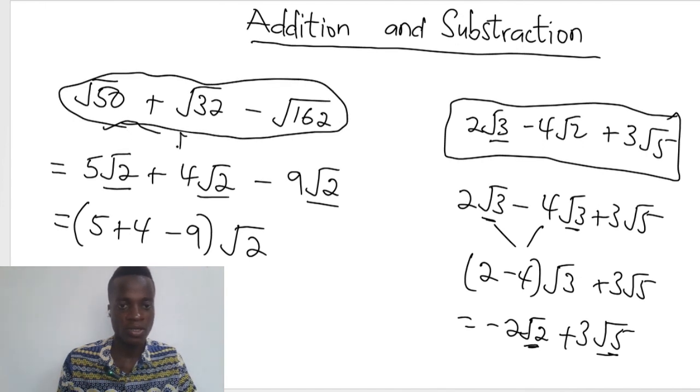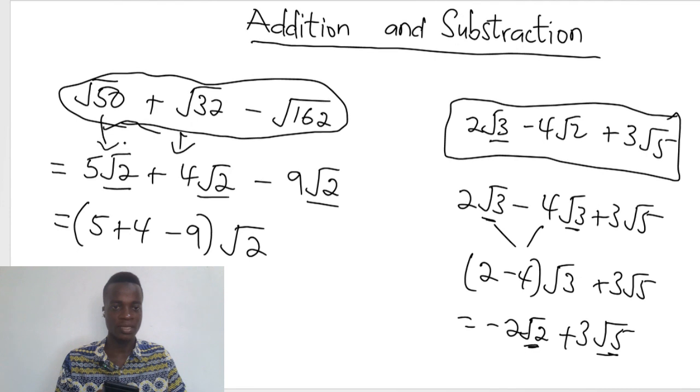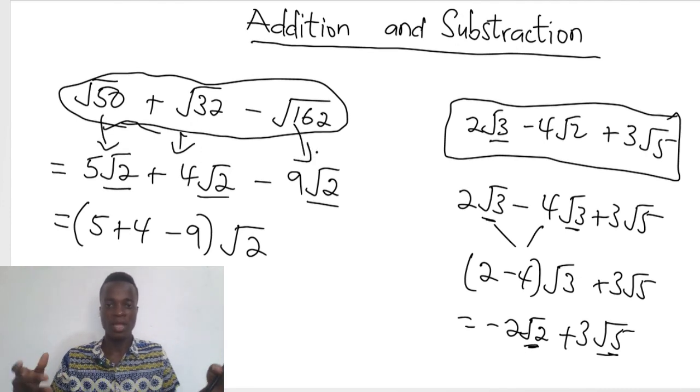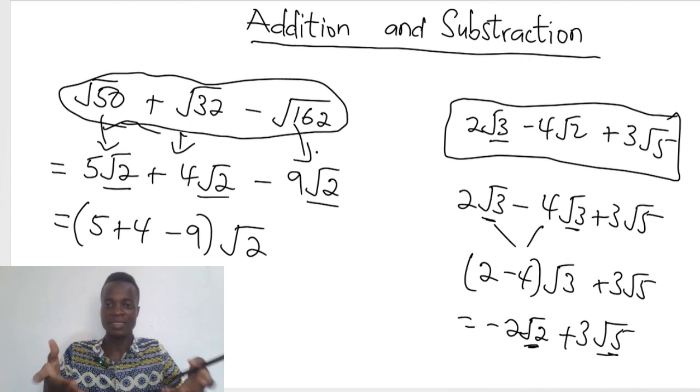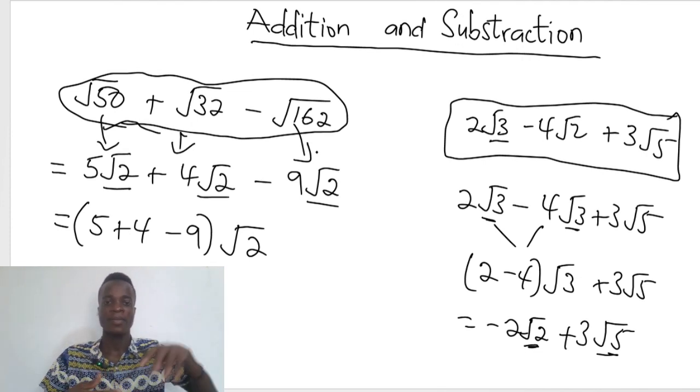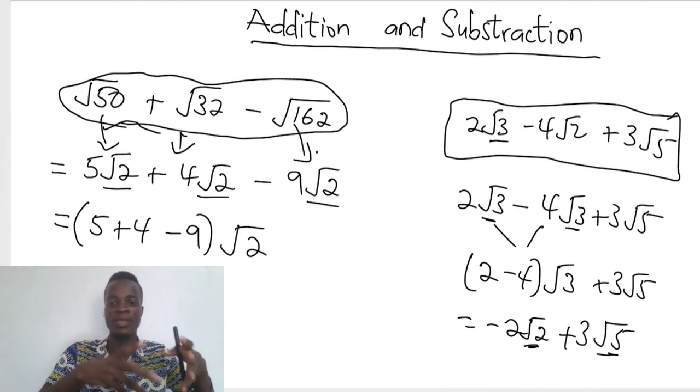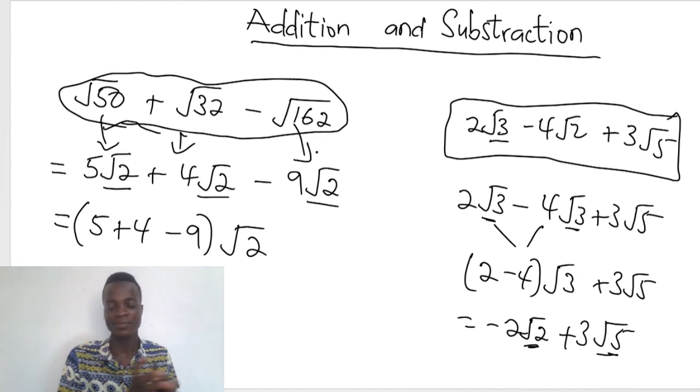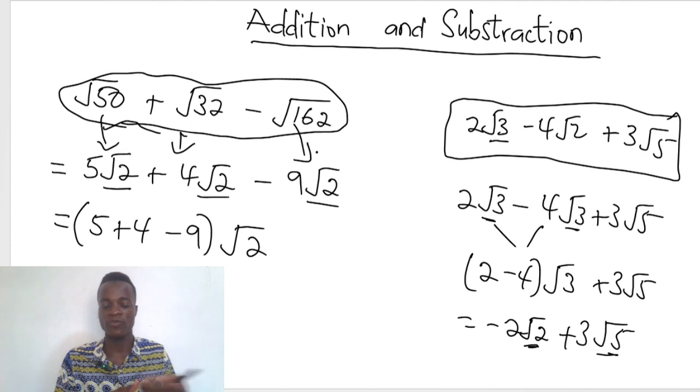Then we got here. This one, this is its answer, this one, this is its answer, this one, this is its answer. Once they are reduced, the calculator has reduced it for us. Now we check if the roots are the same. Those that have the same roots, their outsides can interact. If there's nothing outside that particular root, we have to know that there's always a 1 in front of it.